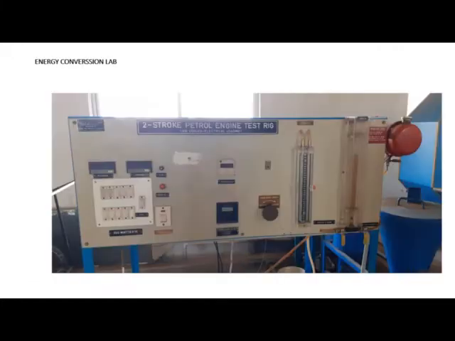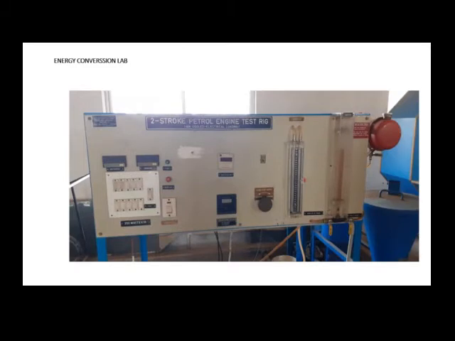This is how the observation panel looks for the two-stroke petrol engine. At the bottom we have the engine, and everything you see on this panel will give the readings. For example, this is the burette, and this is the U-tube manometer.